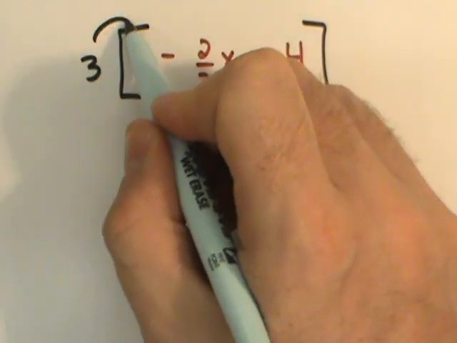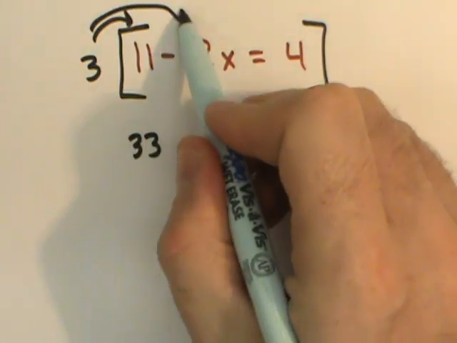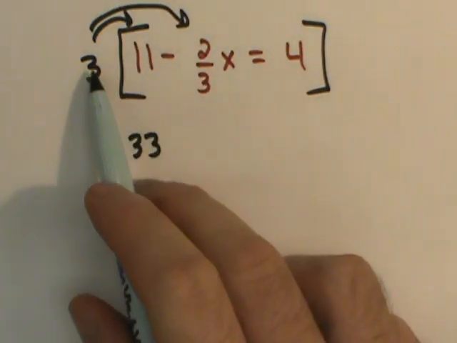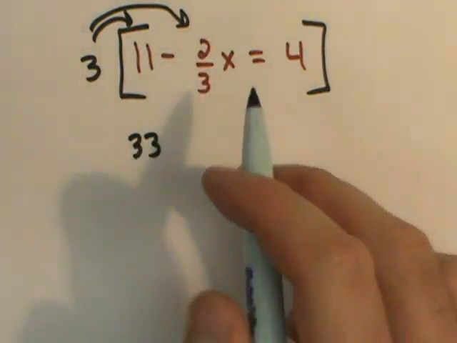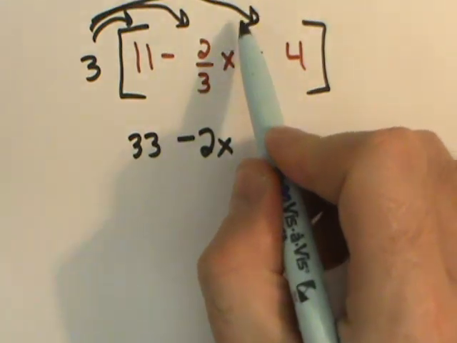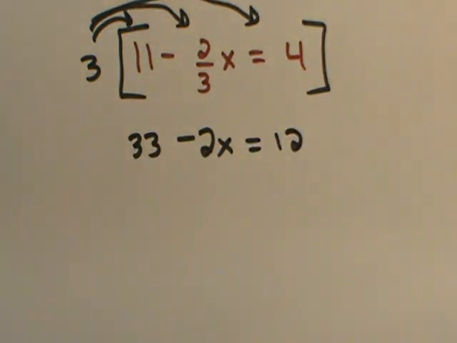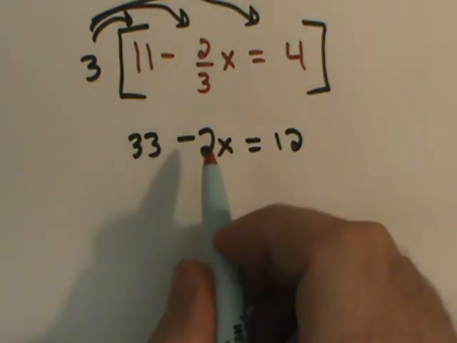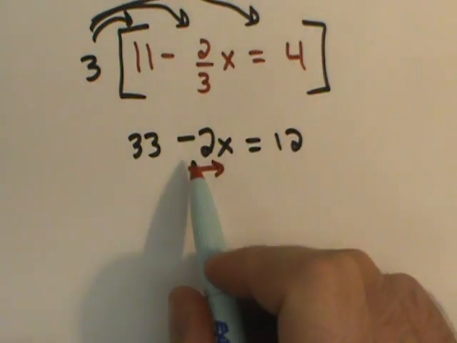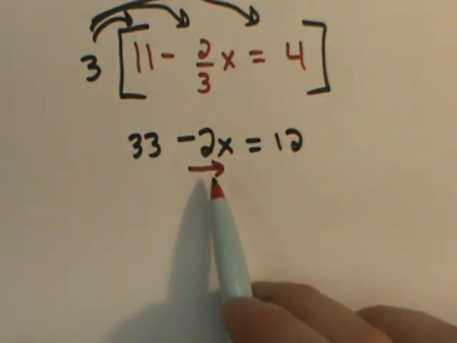And I distribute. So 3 times 11 is 33. 3 times negative 2/3. I let the 3's cancel out. That means I'd be left with negative 2x. And 3 times 4 is 12. Now I want to get the variable by itself and positive. I'm not afraid to move my variable, so I'm going to move that variable over, meaning that the right-hand side will be reserved for variables.